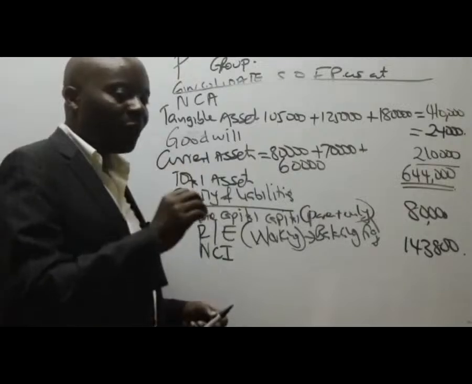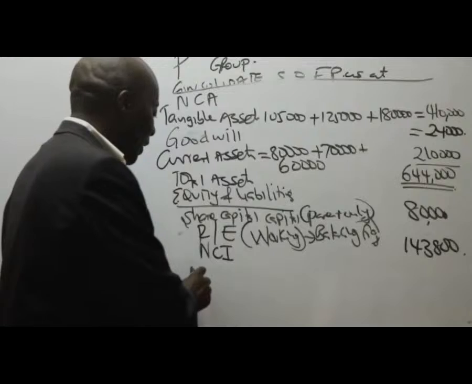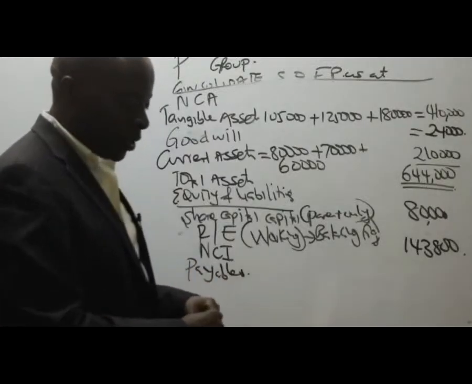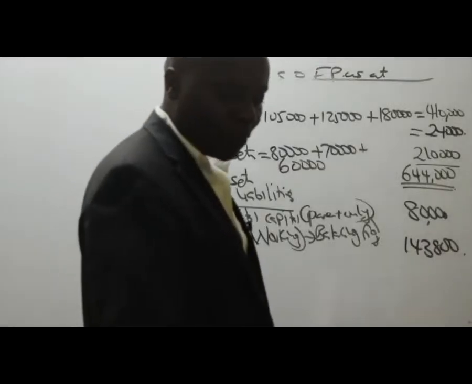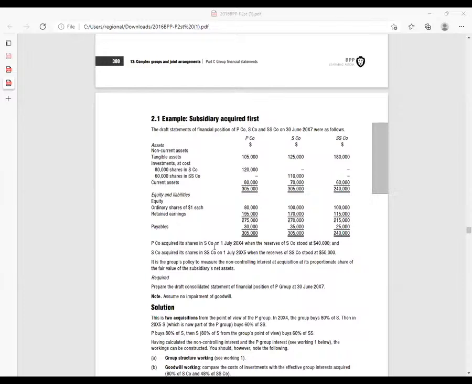Liabilities, normally we start with the non-current, the loans. They are not there. So here we only have the short term, which are the payables. For payables, we have 30, 35, and 25.